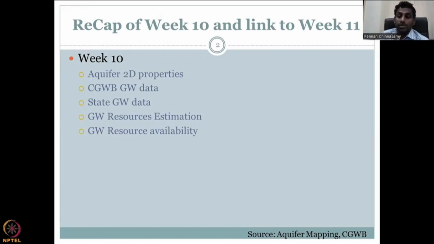Then the last we saw was groundwater resource availability. This is kind of a physical format of how much water is available, the test done by CGWB. It is not done all throughout India. There are some grids, and I've shown you how to identify these grids, make maps and JPEG images for your report.